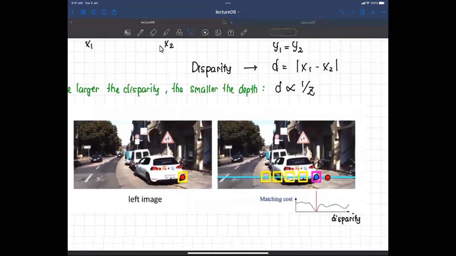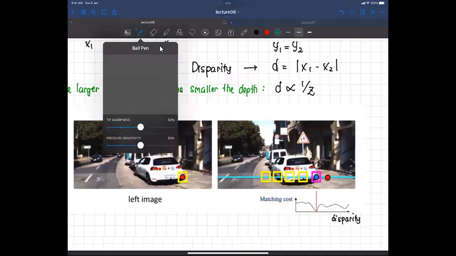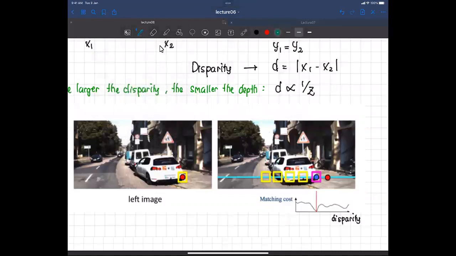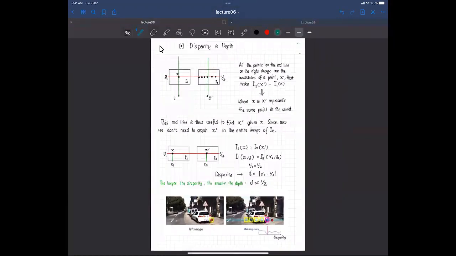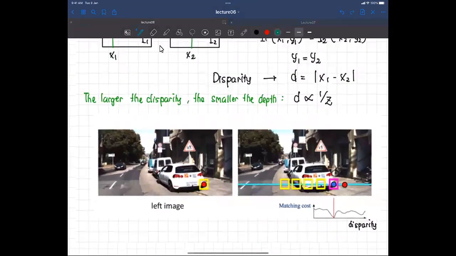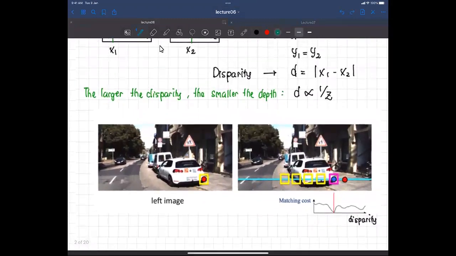In this rectified image, for example, if you want to find the corresponding point of this red dot on the left in the image on the right, then since it is rectified, you have the blue line, and we search through this blue line, right?